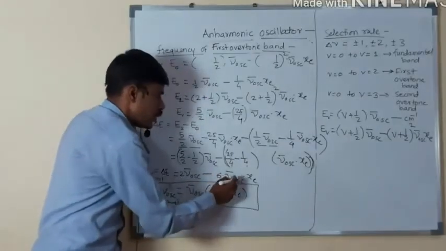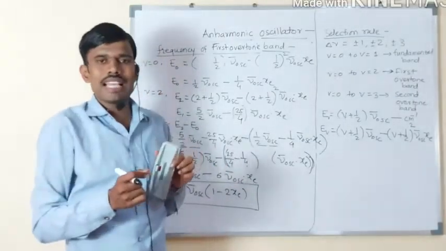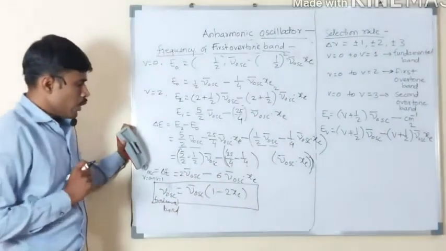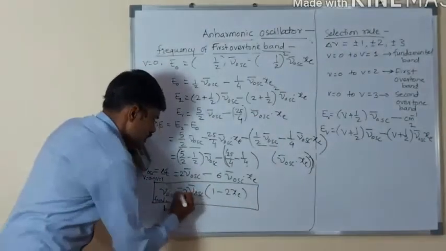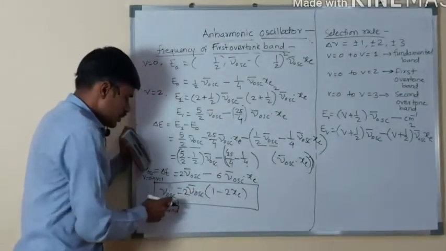So 6 ν̄ of oscillation into Xc. Out of these two terms, you can take 2 common.